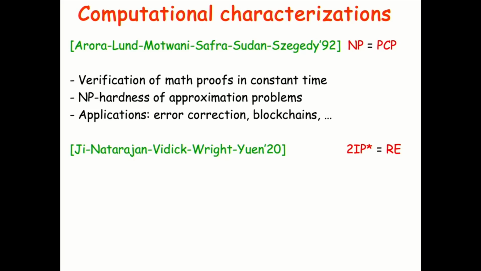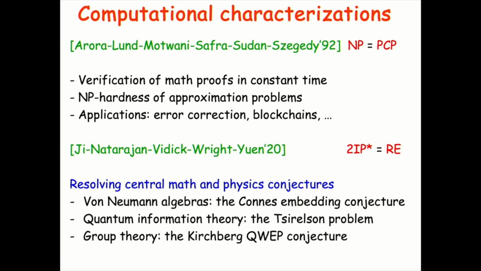But it turns out that this is an extremely important result for math and for physics. It turns out consequences of this theorem, some of you I'm sure know, are resolving in the negative some major conjectures. So in von Neumann algebras, the famous Connes embedding conjecture turns out to be wrong.